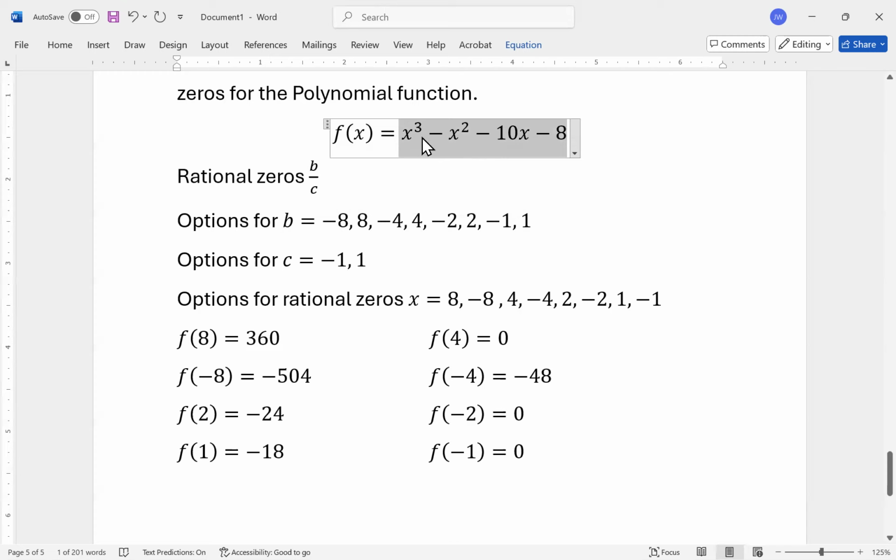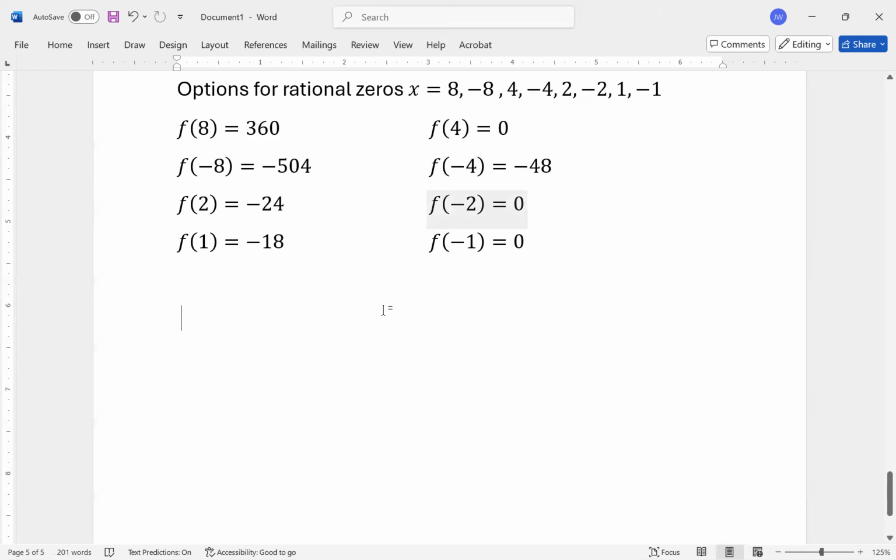So the number of zeros was going to be 3 if I count the number of multiplicities. And it turns out I got 3 unique zeros. And therefore, this polynomial function, this f of x, has 3 unique zeros.